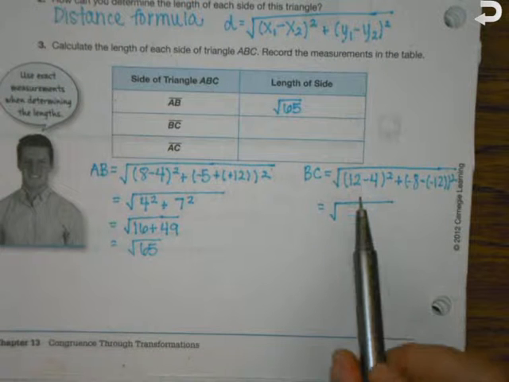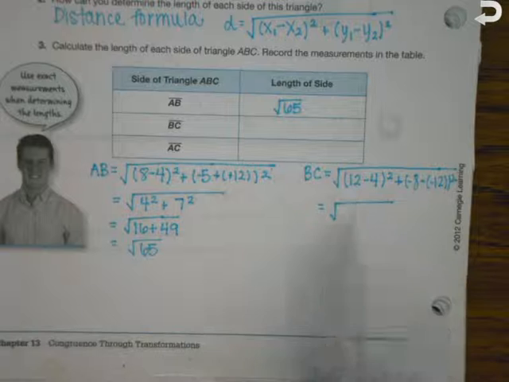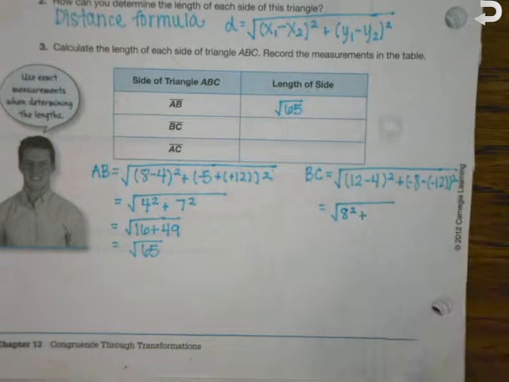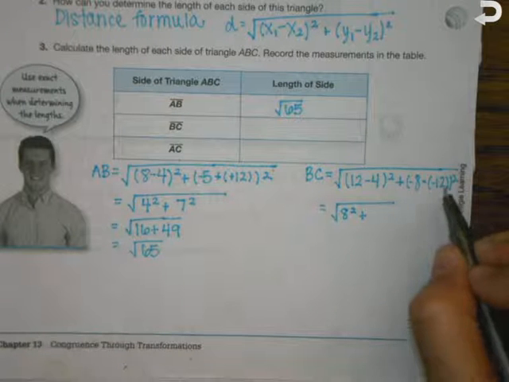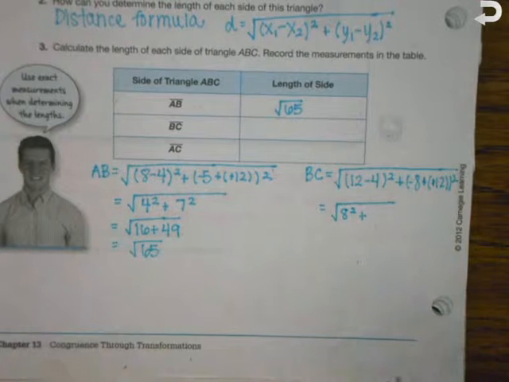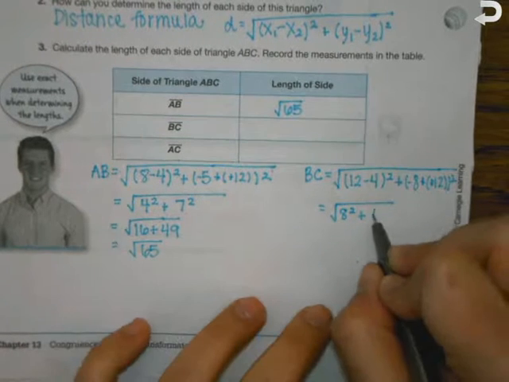So that equals the square root. What's 12 minus 4? 8. So that's going to be 8 squared plus negative 8 minus negative 12. So everything becomes positive. So what's negative 8 plus 12? 4. So that's going to be 8 squared plus 4 squared.